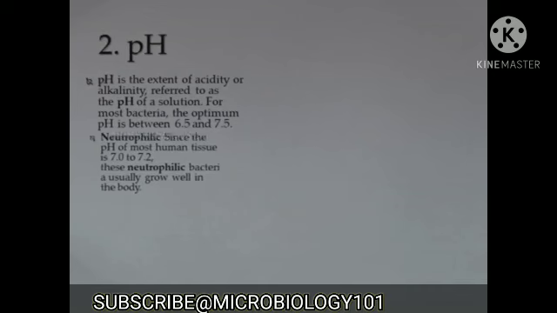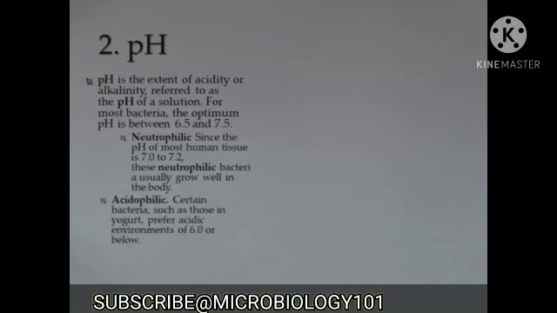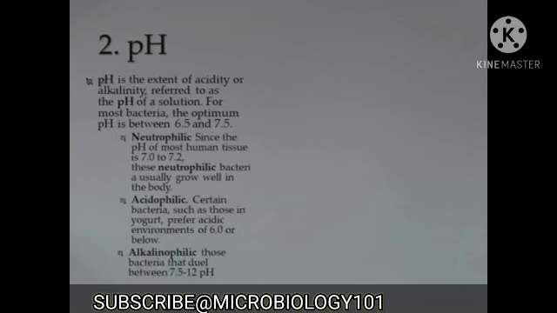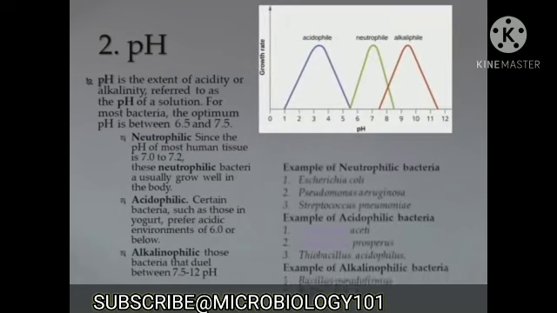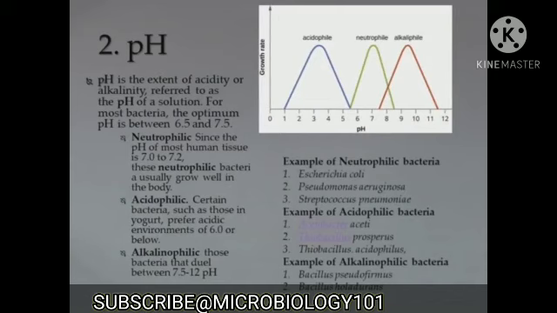pH. The pH is the extent of acidity or alkalinity. It is the concentration of acid or base in a certain solution. For most bacteria, the optimum pH is between 6.5 and 7.5, and these are termed neutrophilic.